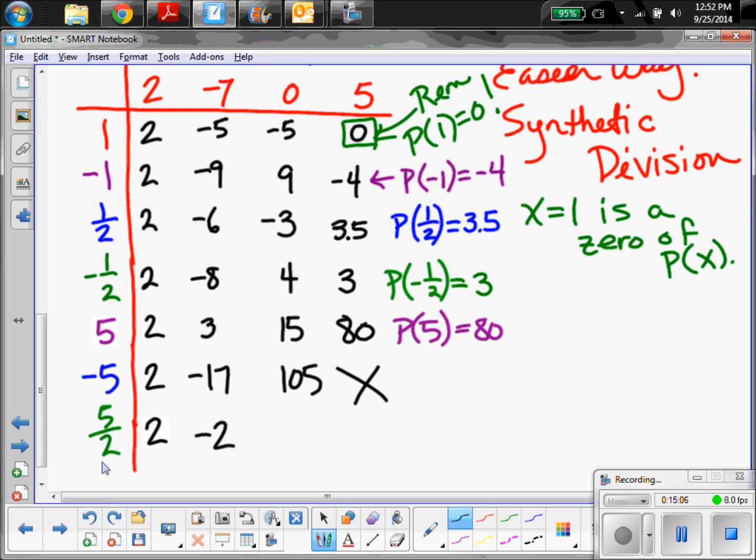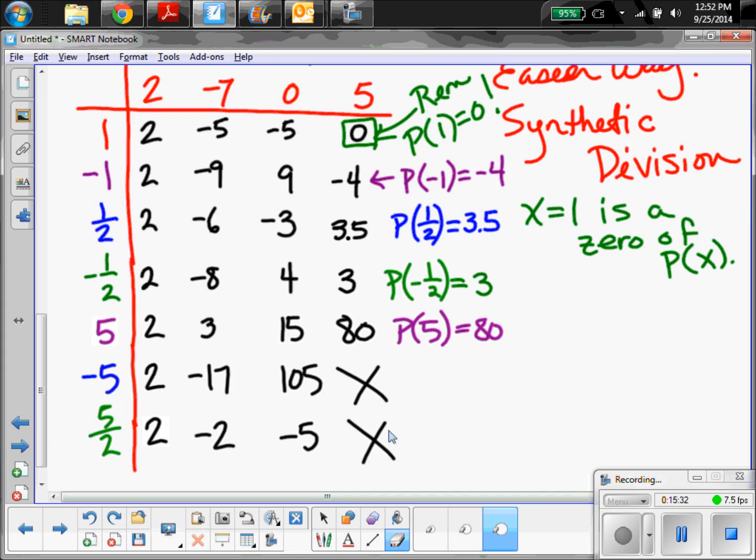Negative 5 plus 0 is negative 5. Make sure I got that right. 2, negative 2, negative 5. Yeah. Negative 5 times 5 halves is negative 25 halves. Negative 25 halves plus 5 is not going to give me 0. Okay, 5 halves doesn't work.